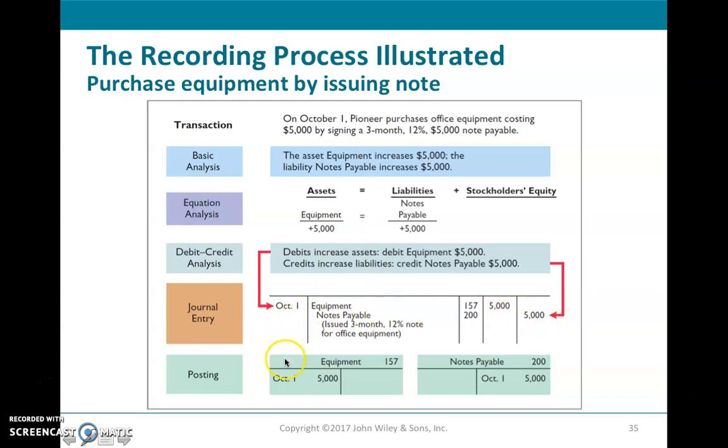The next step is transferring this journal entry to the affected accounts in the general ledger. The Equipment T account is going to be debited for $5,000, and the account number 157 is written in the reference column of the general journal. The credit side of the entry goes to the Notes Payable T account, and the account number 200 is written in the reference column of the general journal.